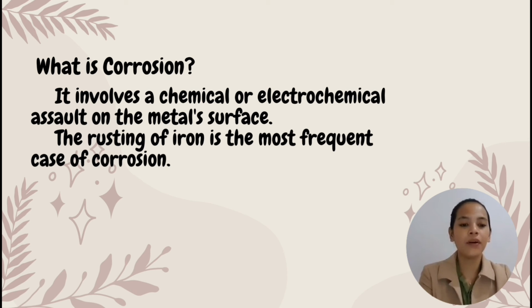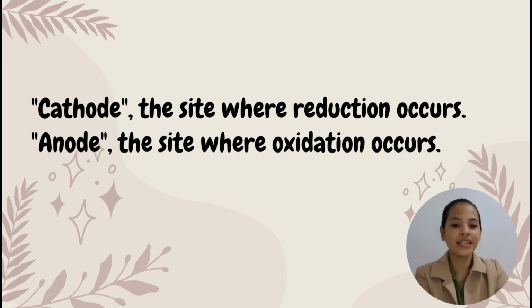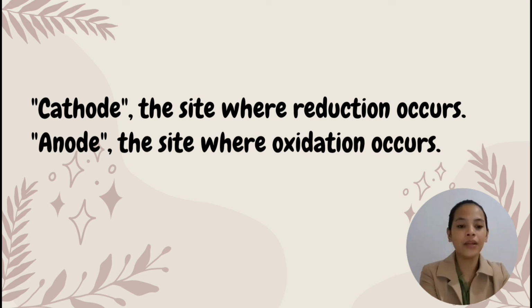The most common example of corrosion is the rusting of iron. In a redox reaction, the site where reduction occurs is referred to as the cathode, and the site where oxidation occurs is referred to as the anode.